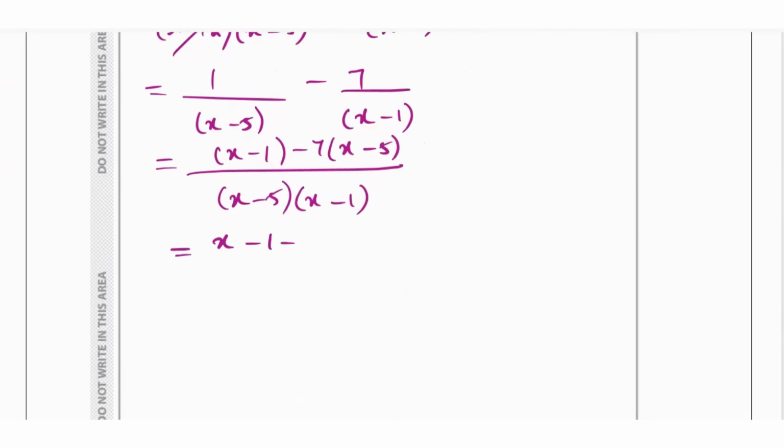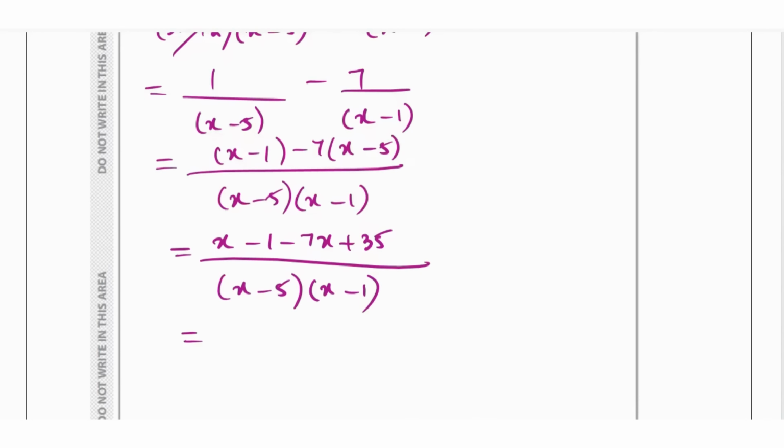So x minus 1 minus 7x plus 35 over x minus 5 times x minus 1. So we have 34 minus 6x over x minus 5 times x minus 1. If you want to expand the bracket in the denominator, you can do that. You can even leave it as it is. Either way, you'll get the marks.